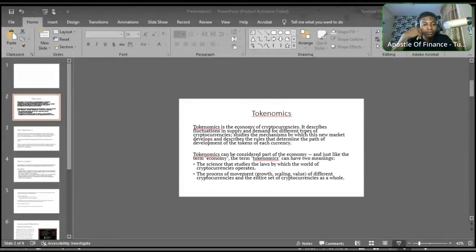Okay? So let's take Juno, for instance, right? This is their token breakdown, okay? 2.74% goes to the core team, which will be held for 12 years, vested, which means without withdrawal, right?